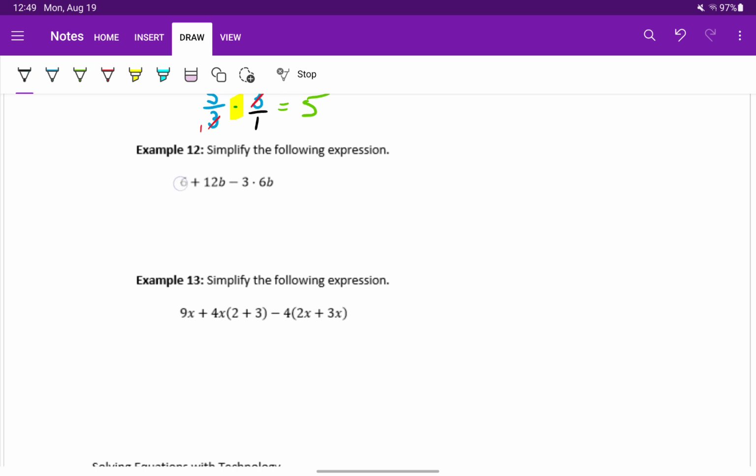In example 12, we actually want to work a different example than what I have here. We're going to update this problem to be 4n minus 2 times, inside a set of parentheses, n minus 3. This problem is a good example to take a look at because it's going to refresh us on what's referred to as the distributive property.